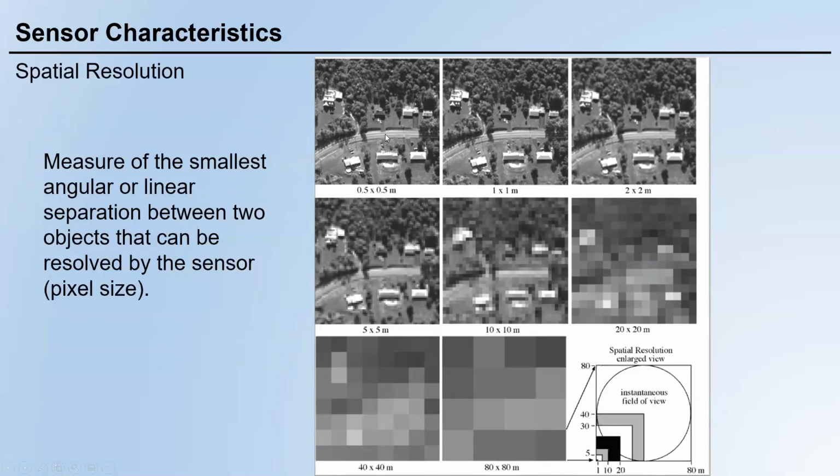That's the reason why you can clearly see even small objects such as a car or even a garbage can there, right? But for the same area, if the spatial resolution has been decreased from 0.5 meter to 1 meter, less detail can be seen. But compared to 0.5 meter, it's not that dramatic.